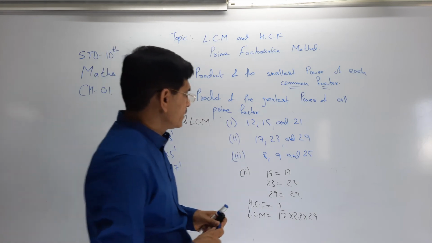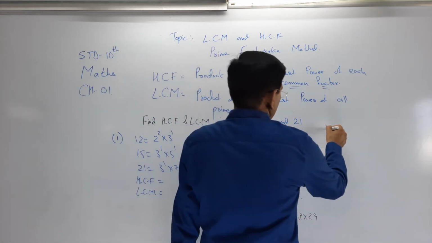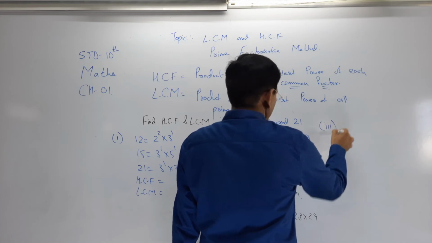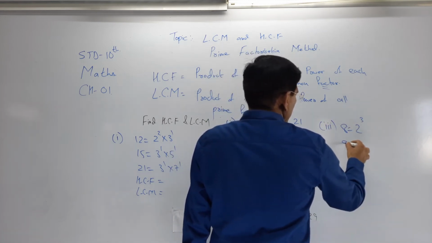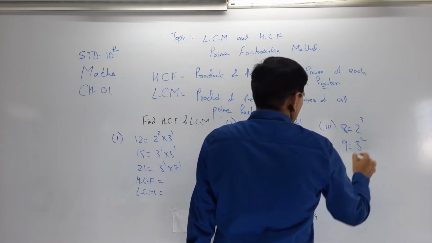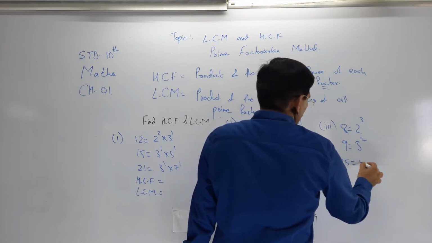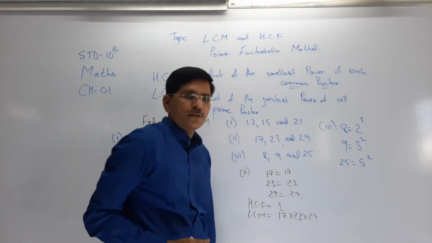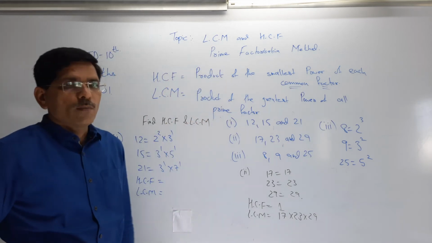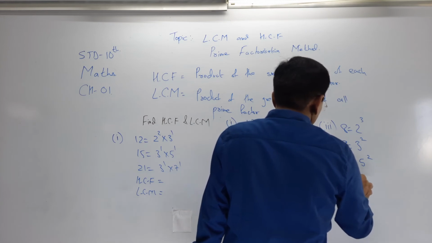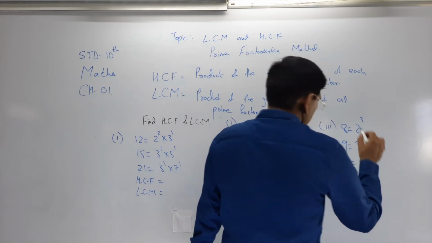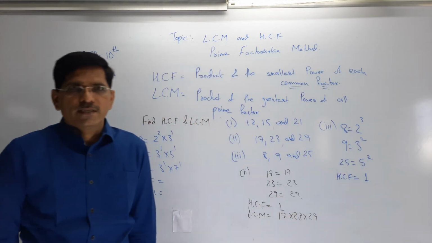Now the third sum. I am writing the factors here: 8 is 2 to the power 3, 9 is 3 to the power 2, 20 is 2 to the power 2 into 5. Now there is no common factor here, so the HCF of it is 1 because there is no common prime factor.